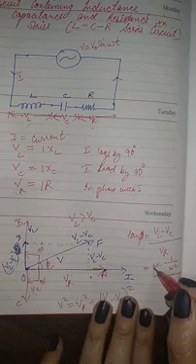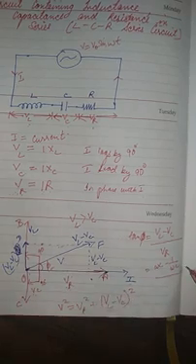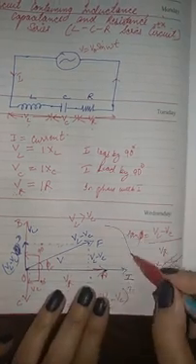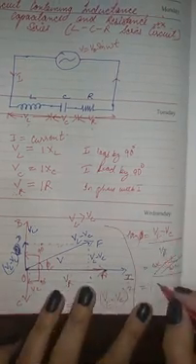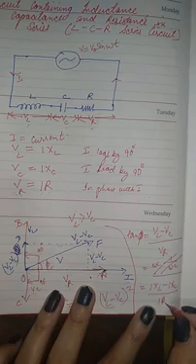So I is also there. I am rewriting this. VL is I XL minus VC is I XC, divided by VR which is I R. I'll continue on the other side.